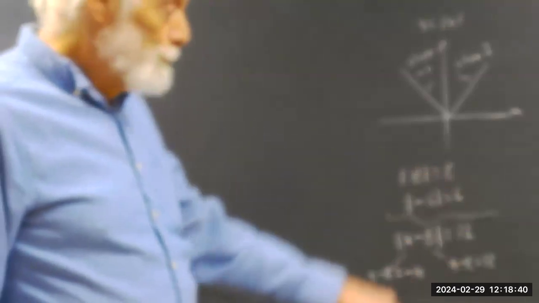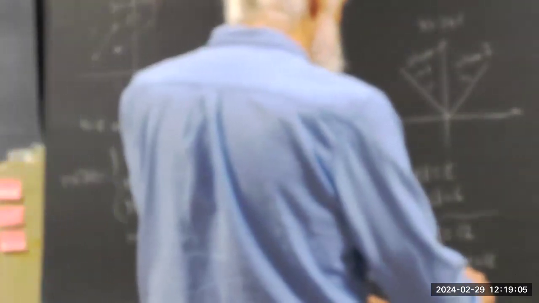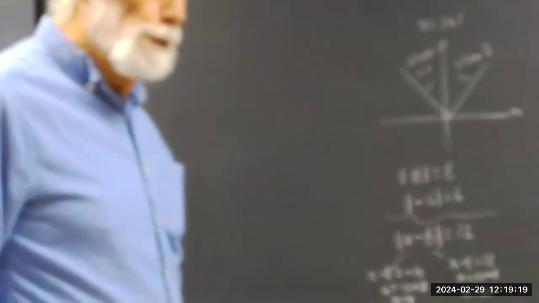It's 12. If x minus 8 equals 12, then the absolute value of x minus 8 is 12. So in this case, you would get x equals 4. In this case, you get x equals 20. Those are the two solutions.